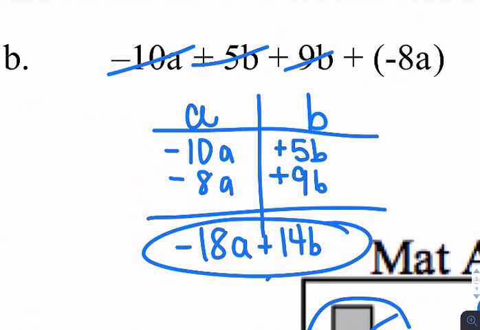If I don't put it there, I get the wrong answer. So be careful about that. So negative 10a and negative 8a together make negative 18a, and positive 5b and positive 9b together make positive 14b. I can't combine those because they're a's and b's, so I have negative 18a plus 14b.